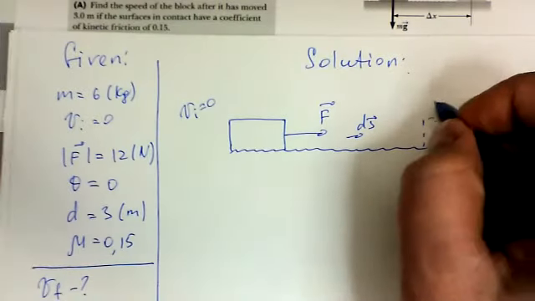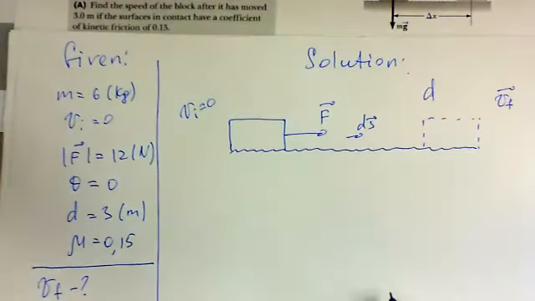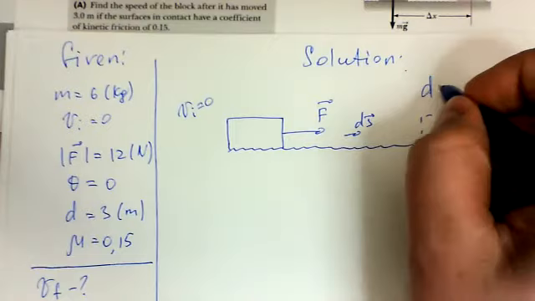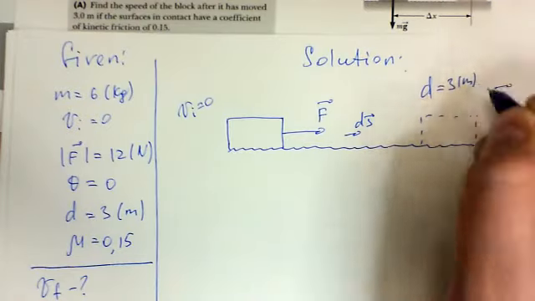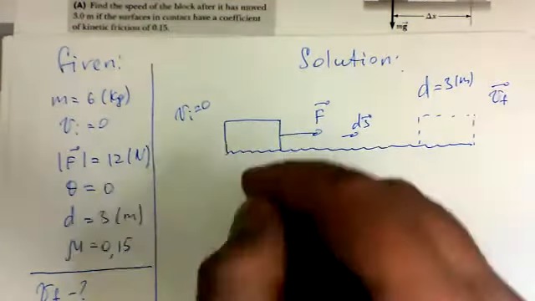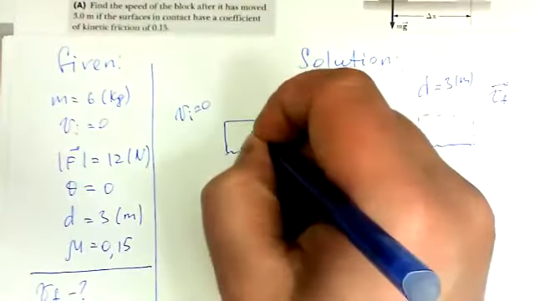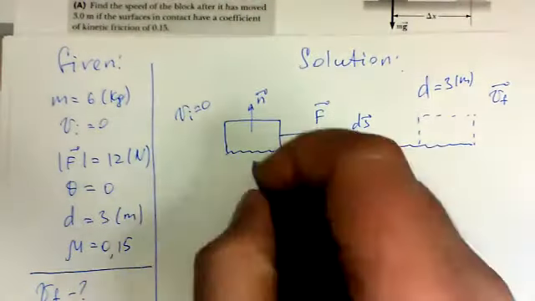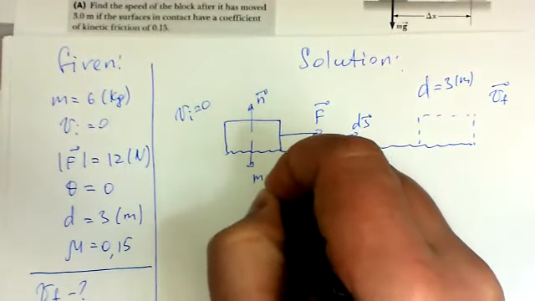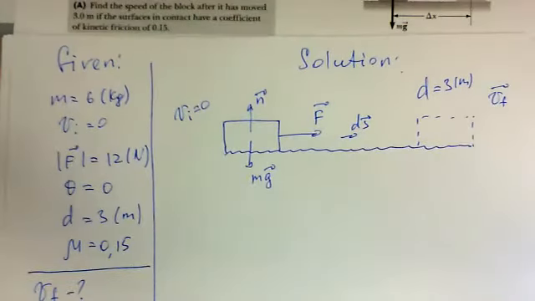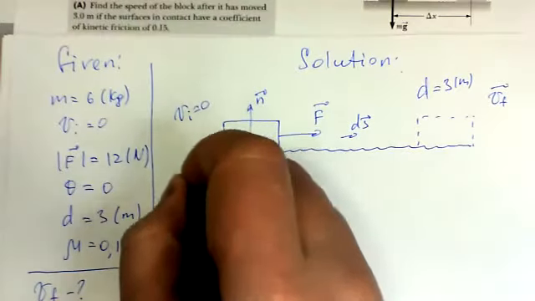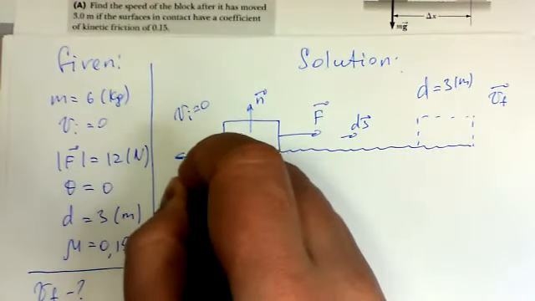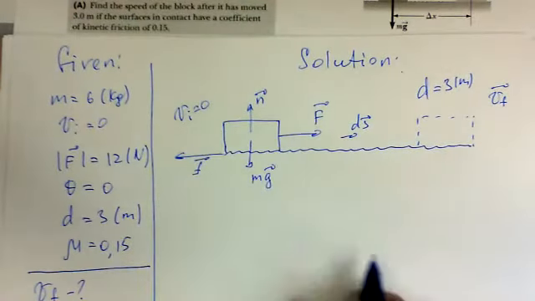Okay, so this distance is d, which is 3 meters. And also there is a normal force exerted by the surface on the object, and the gravitational force, which is caused by the gravitational field of the Earth. And here is a friction force, which is in the opposite direction to the direction of movement.